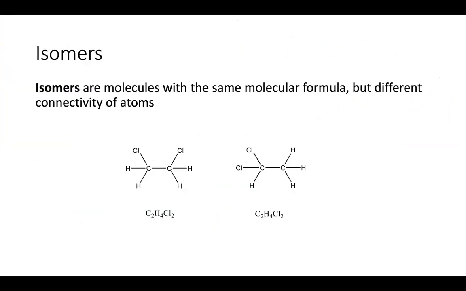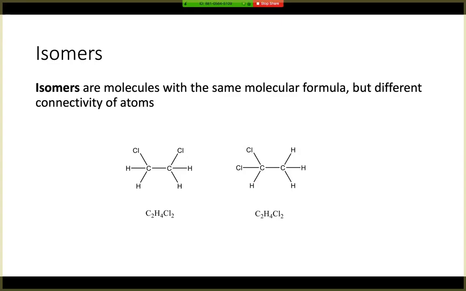One of the questions is also going to ask you to draw an isomer. So an isomer, if we break down the Greek, roughly translates to same pieces. So what you see down here is both of these molecules have the same molecular formula of C2H4Cl2, but they can be connected differently in space, right?